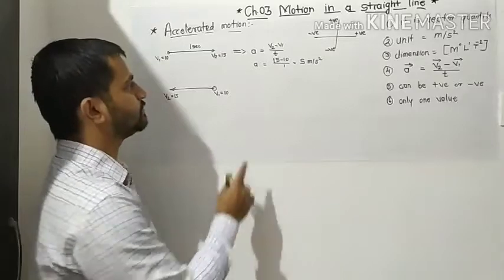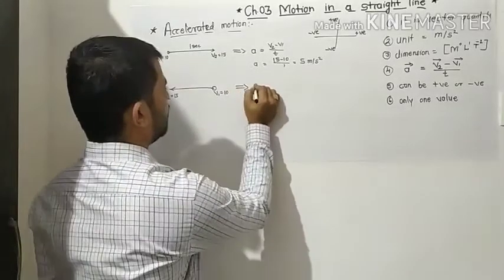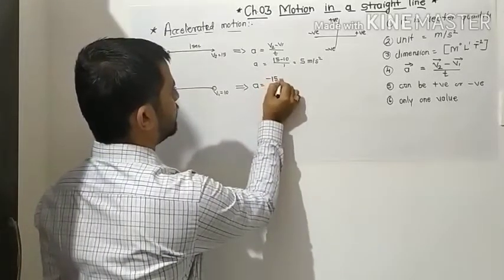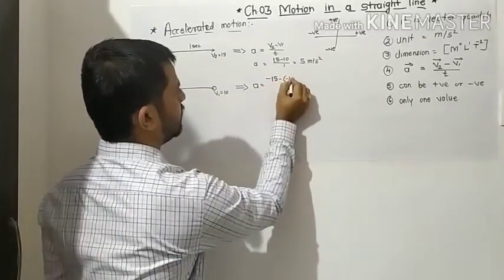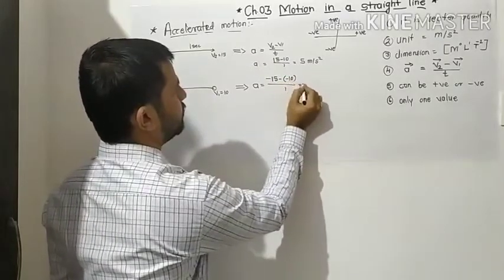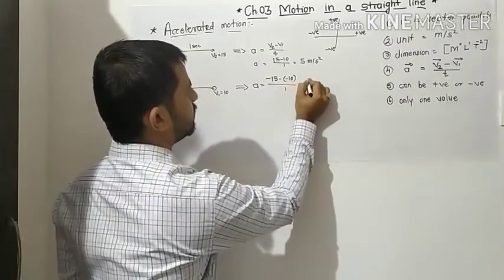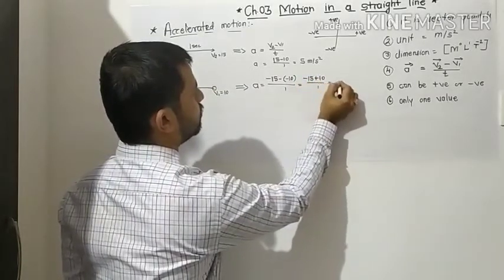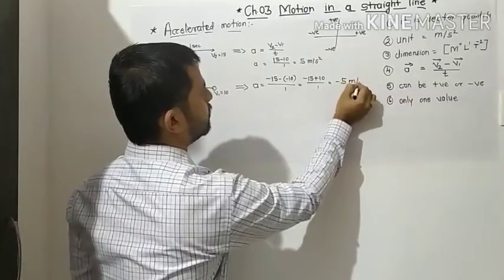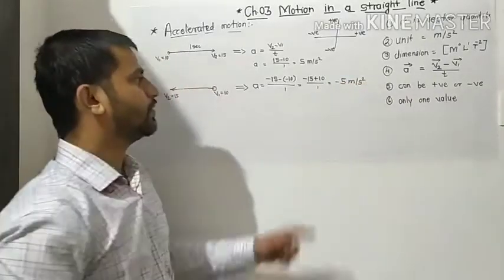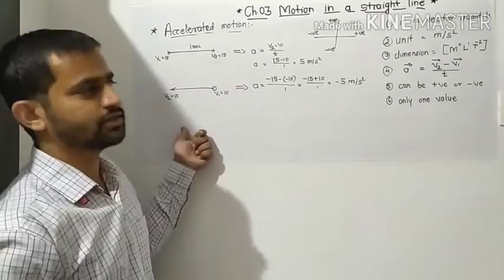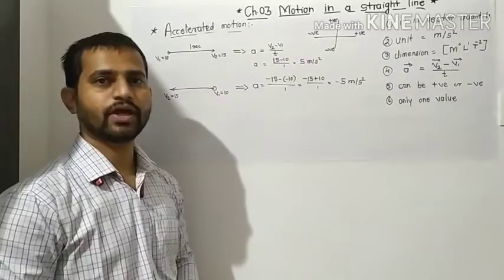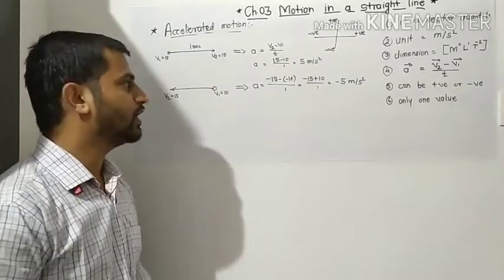In this case a is equal to minus 15 minus minus 10 upon 1, so it is minus 15 plus 10 upon 1, which is equal to minus 5 meter per second square. Because both the velocities are in this direction, according to the sign convention we have to take the negative value.